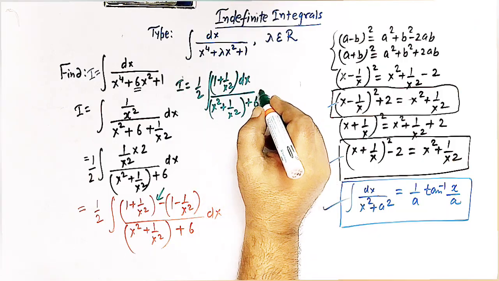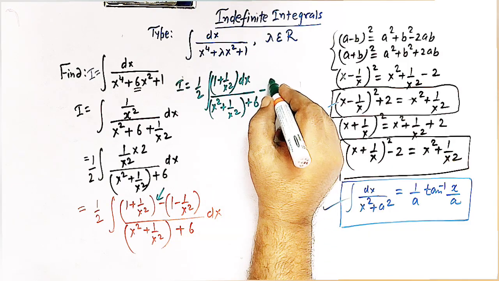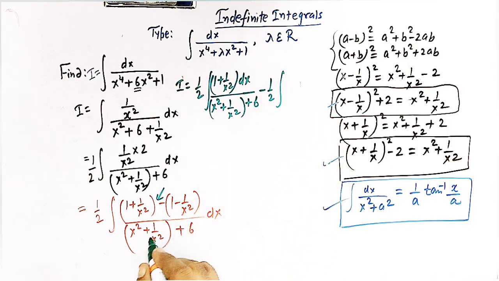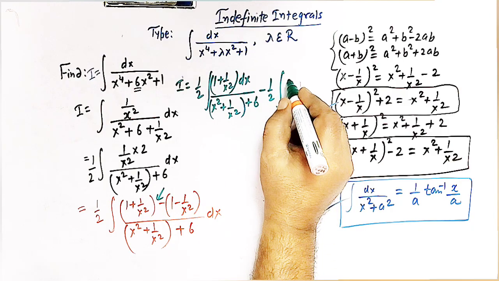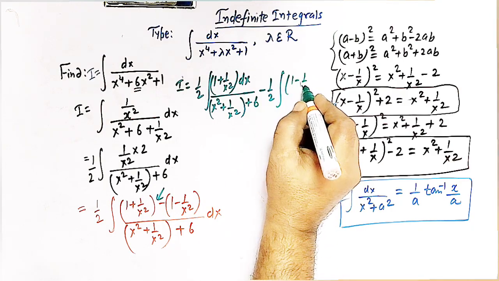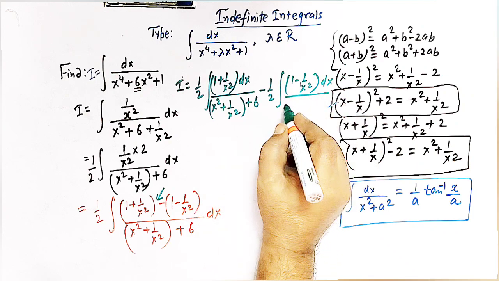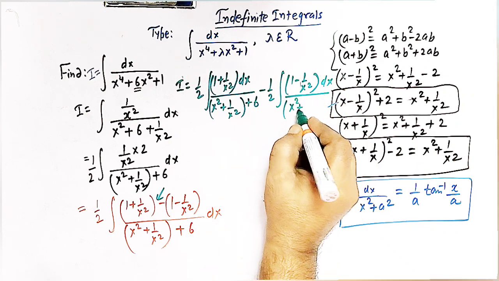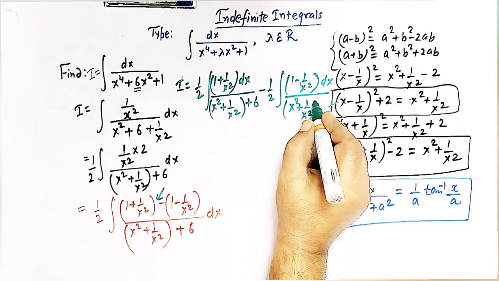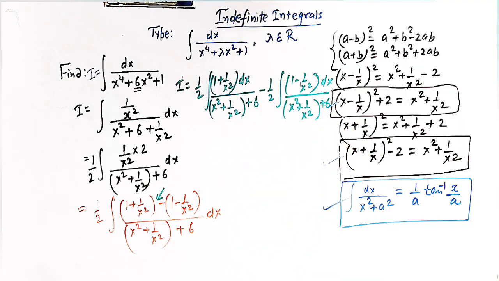So this is the first integral, and the second integral is half, and then we have 1 minus 1 over x square, dx, and then x square plus 1 over x square plus 6, right?